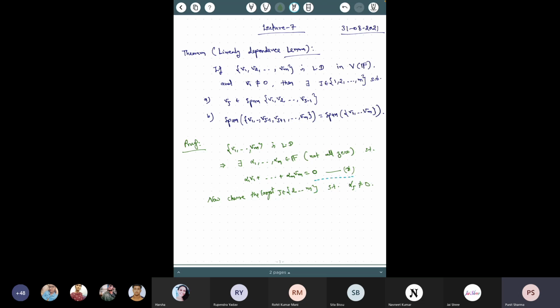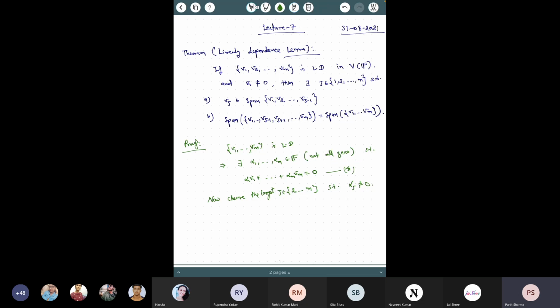So from this star, alpha 1 v1 is 0. But since v1 is not 0, alpha 1 is 0. That means all these scalars are 0, but we started with scalars where not all of them are 0. So there exists such a j such that alpha j is not equal to 0.